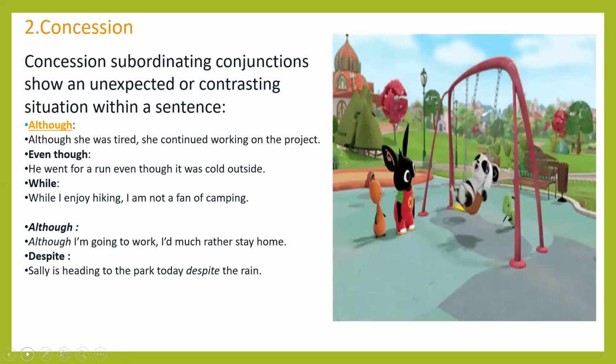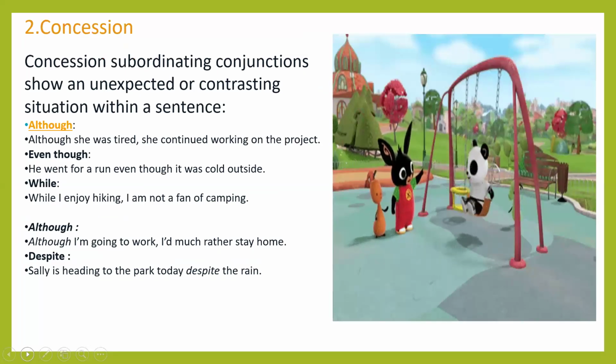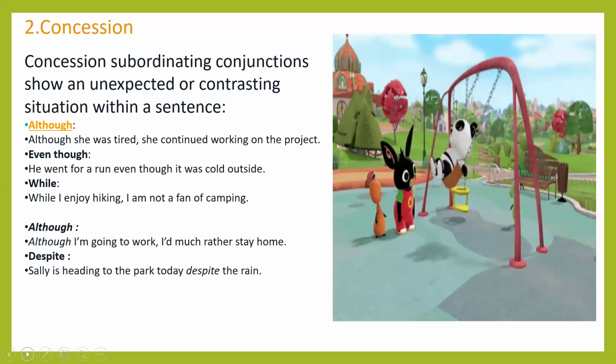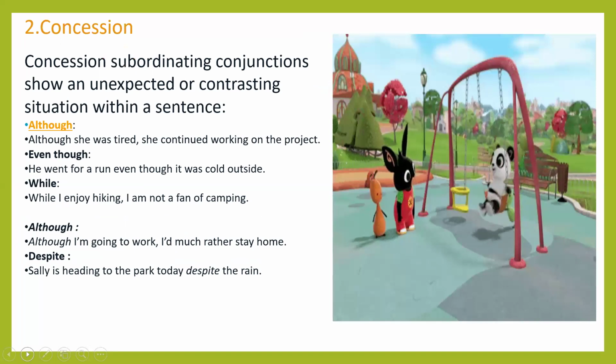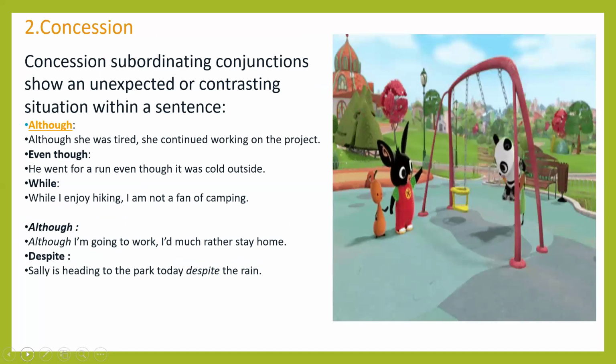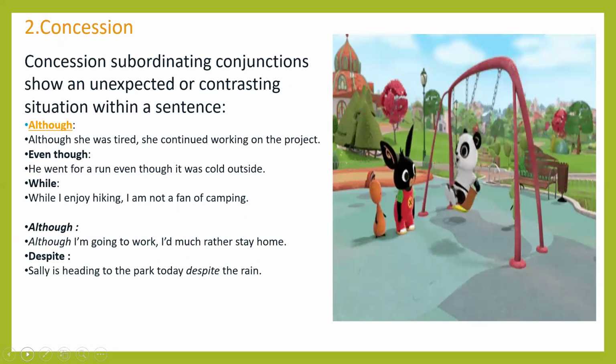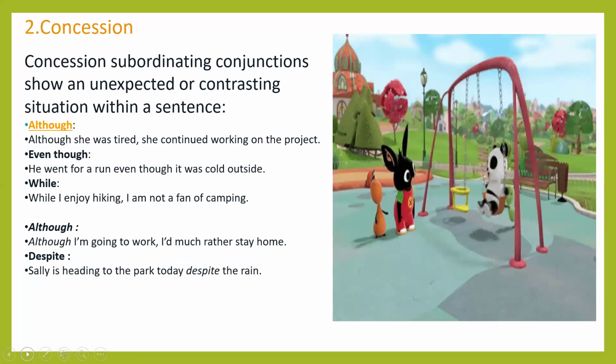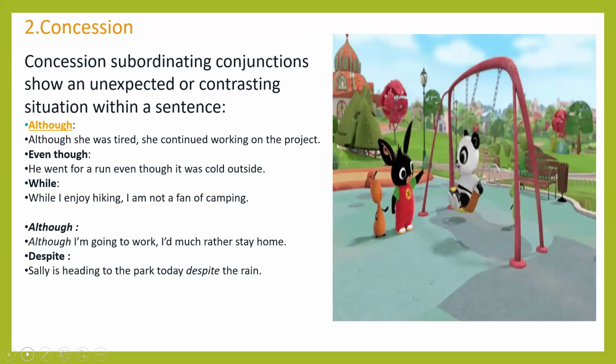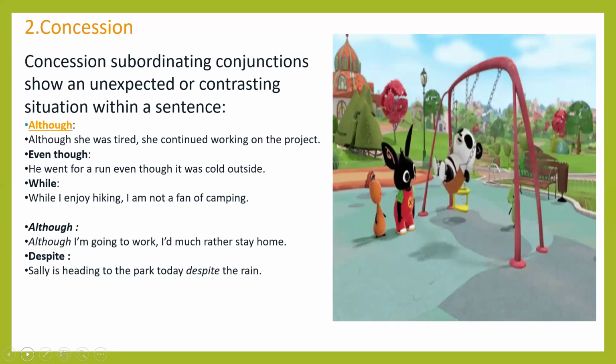Concession shows an unexpected contrasting situation within a sentence. Although she was tired, she continued working on the project. We went for a run even though it was cold outside. While I enjoy hiking, I am not a fan of camping.